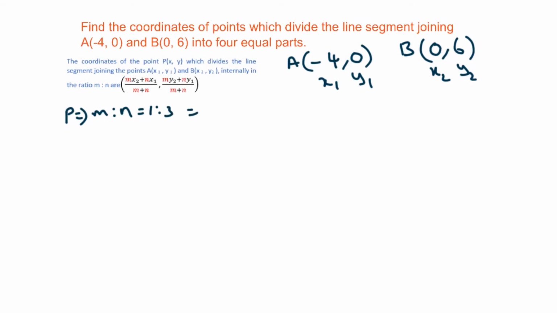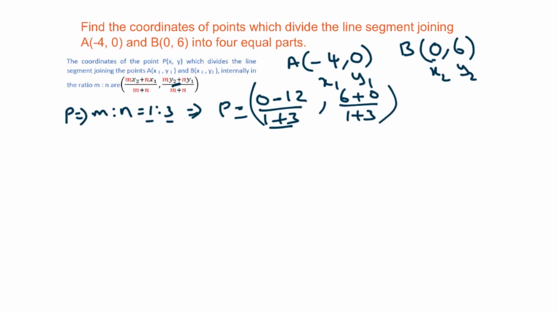Now we will find the values of P: m x2 means 1 into 0 is 0, plus n x1, 3 times -4 is -12, by m plus n, which is 1 plus 3, comma, m y2, 1 times 6 is 6, plus n y1, 3 into 0 is 0, by 1 plus 3.